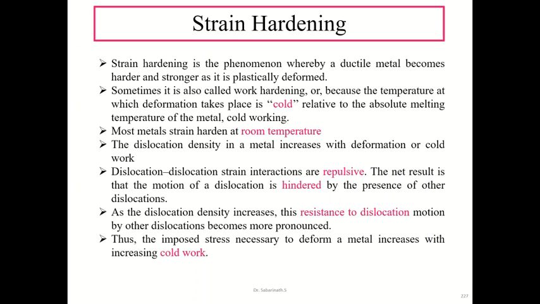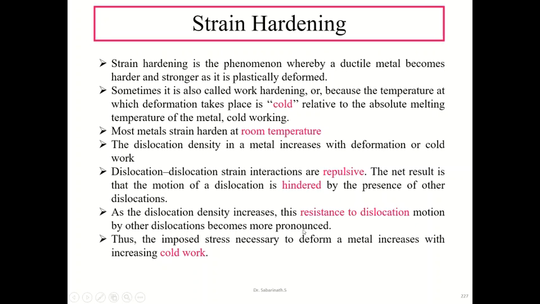Dislocations of the same sign will repel each other. That is why the dislocation strain interactions are repulsive. As the dislocation density increases, the resistance to dislocation motion by other dislocations becomes more pronounced.